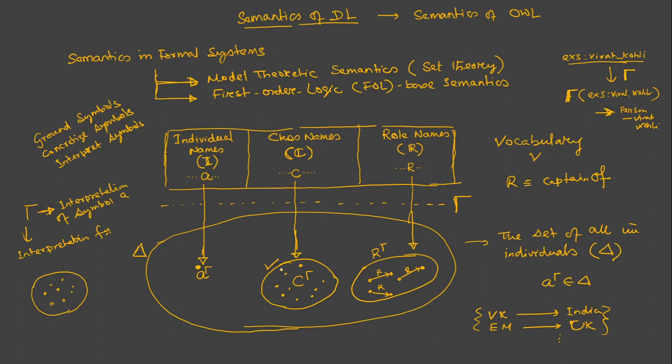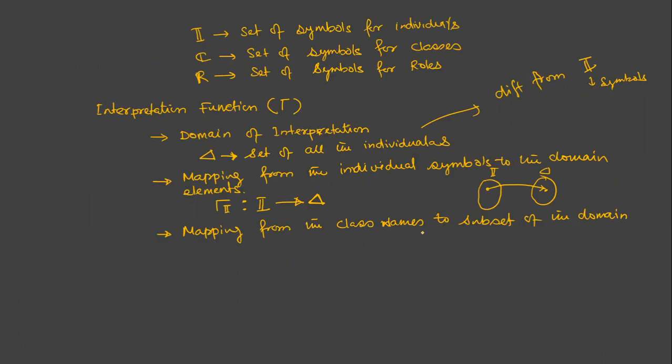So it can be any possible subset of this set, any possible subset of delta.